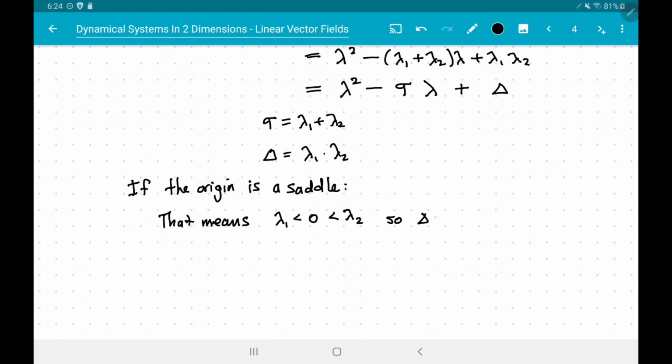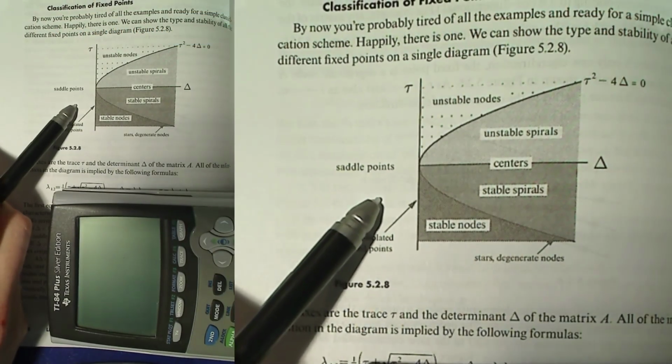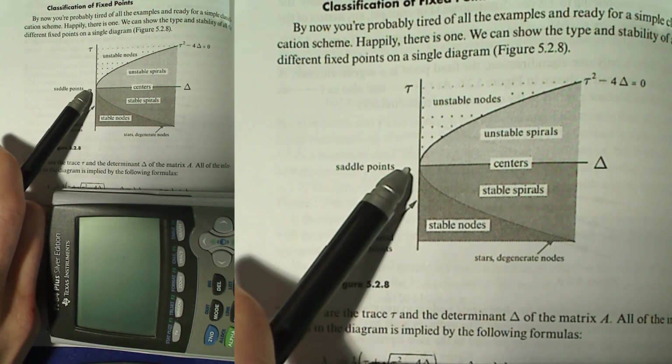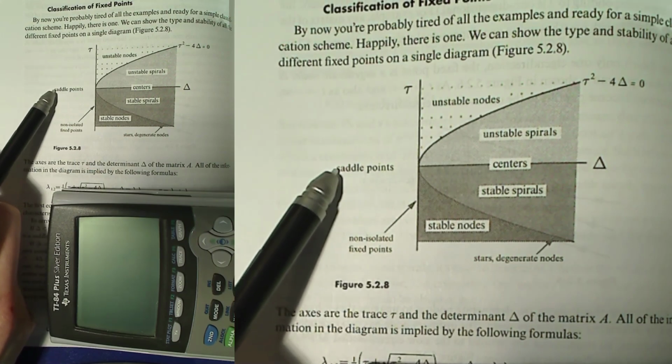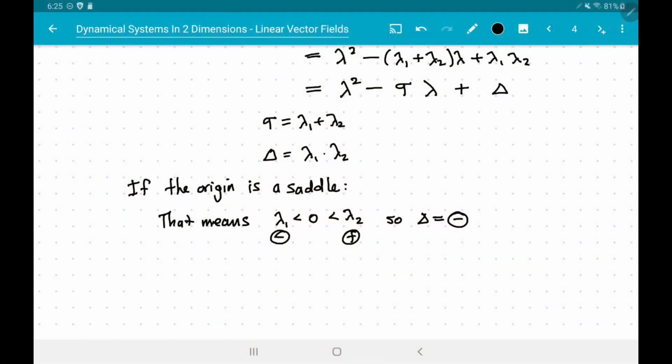So the determinant is something negative. It's a product of a positive number and a negative number, so the determinant must itself be negative. And if you look on this diagram, this part where it says saddle points, that's where the determinant of the matrix is negative. And that corresponds to having an eigenvalue of each sign.